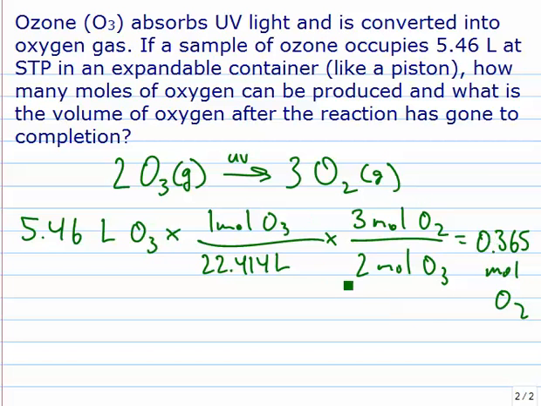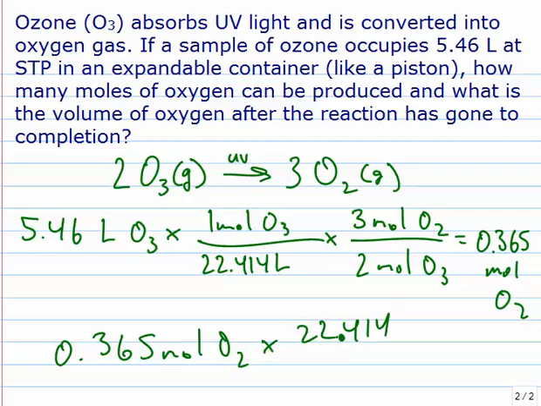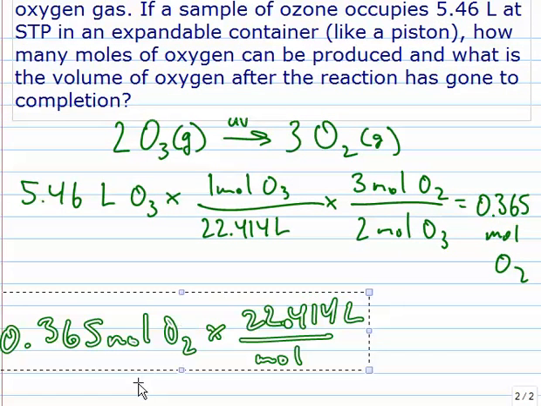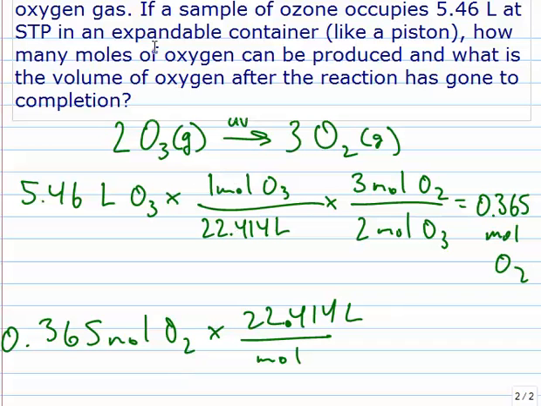Here, really, it's going to be the ratio of moles, because we're going to take this 0.365 moles of oxygen now times 22.414 liters per mole. So we can see right away that really our factors of our standard molar volume are canceling here. But what we get is really the initial volume times our stoichiometric ratios, 3 moles of oxygen per 2 moles of ozone.